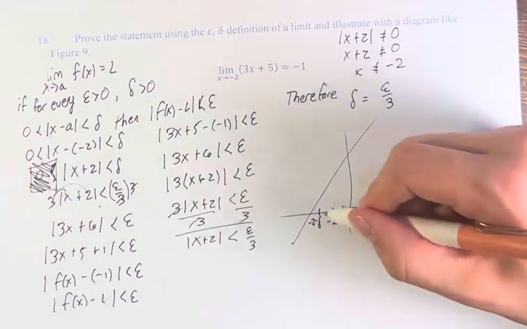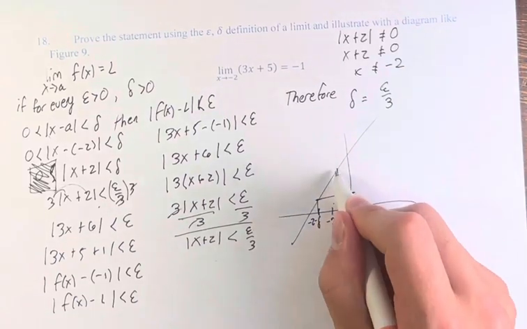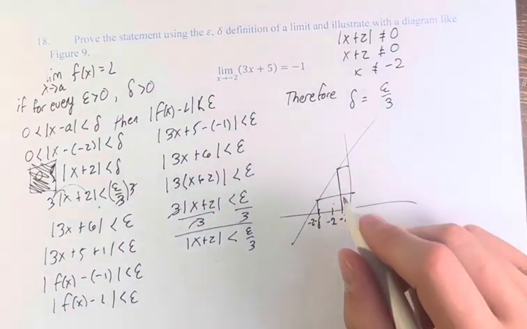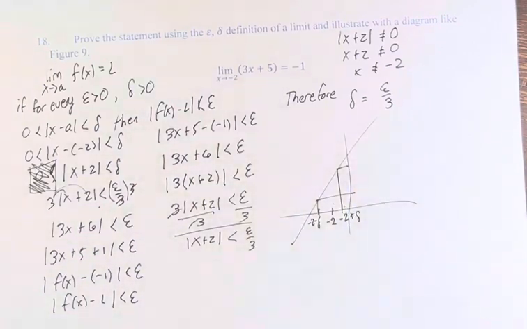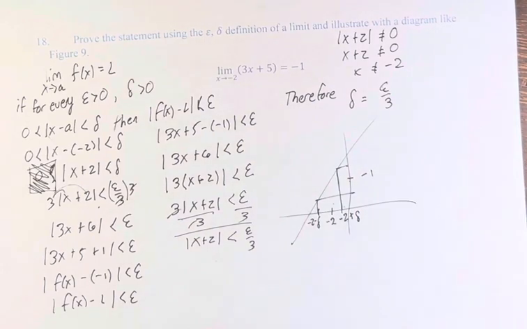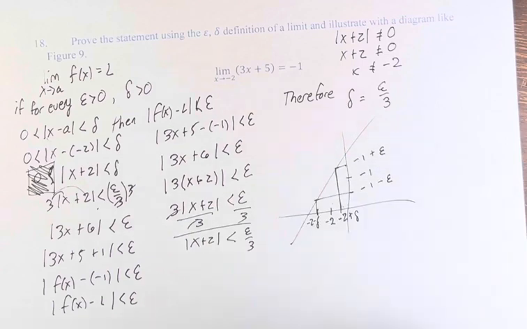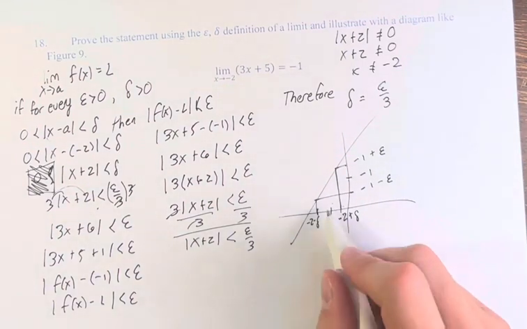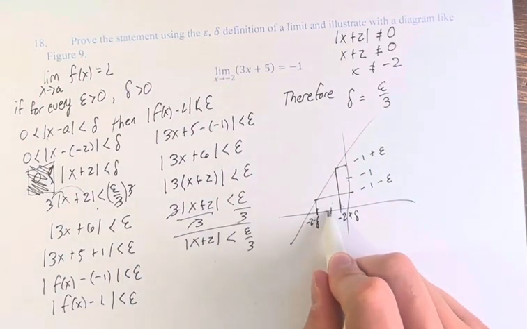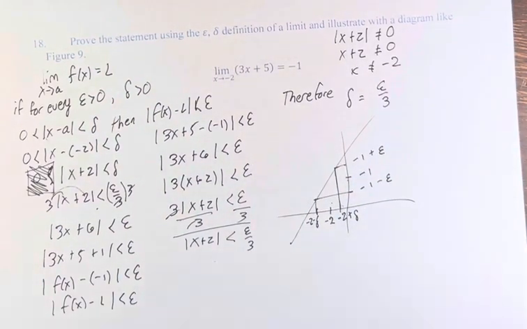So within this interval, we get y values on the function that are near our y value of -1. And specifically, they're epsilon away. And we're saying between these 2 points, all the values on the function are going to be between these 2 points, and therefore the limit exists.